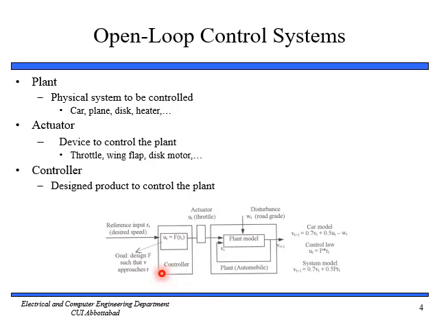The actuator is the device that we use to control the input to the plant. A stepper motor controlling a car throttle position is an example of an actuator. In this case we are using an actuator which is basically controlling the throttle position of the car.